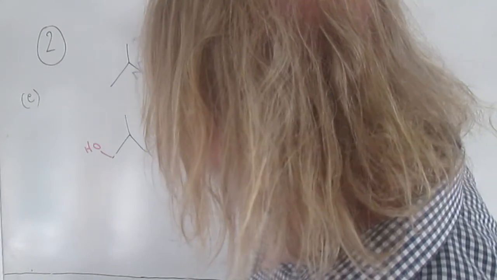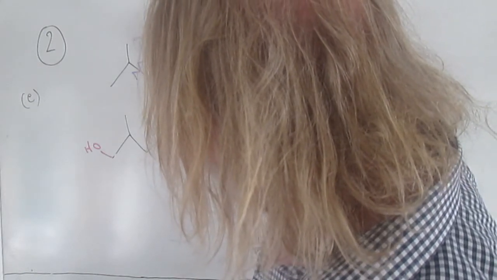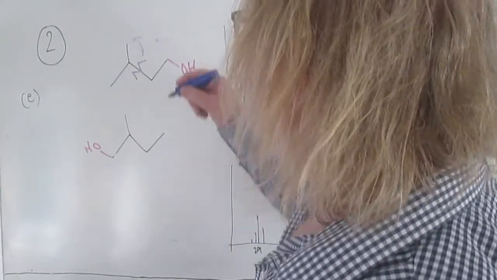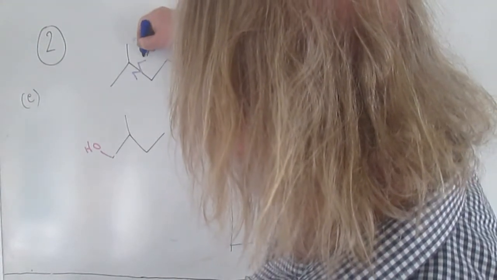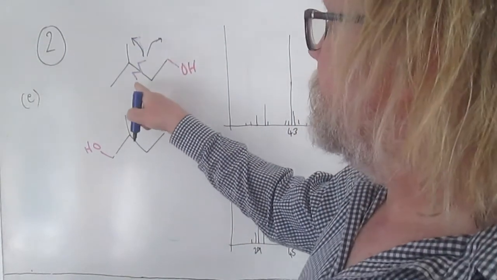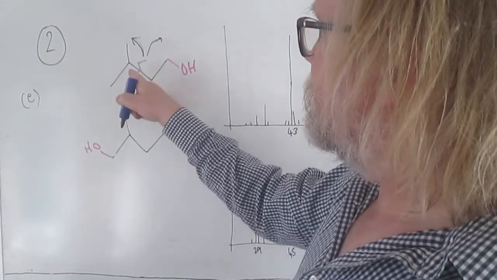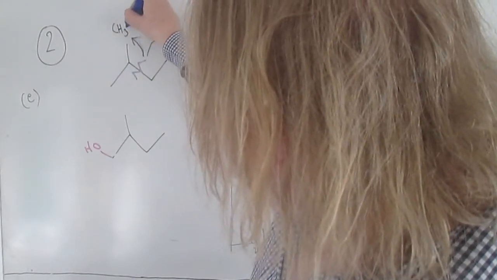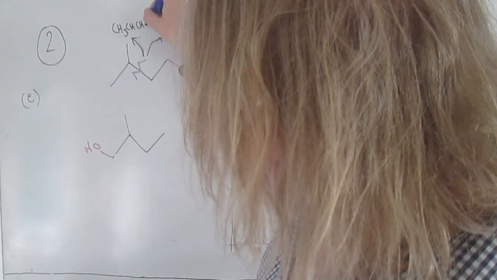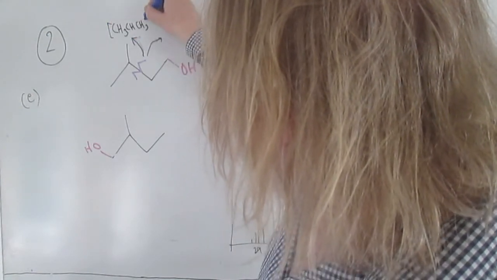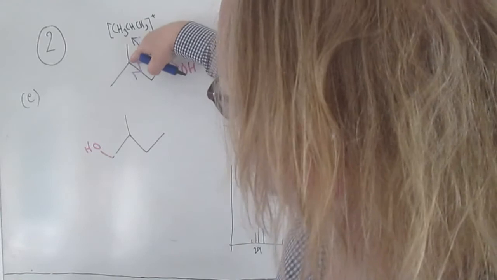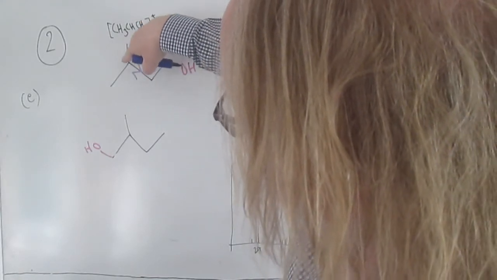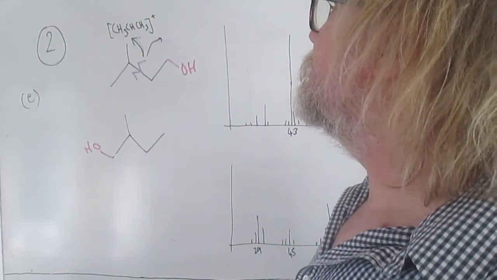So if it were to break there, these are the two possible fragments that you could get. If it breaks there, the positive ion is either going to be this side, which is going to be CH3CHCH3 plus. Remember it's CH there, not CH2, because there's just the CH and then this bond, which is the one that's gone. So CH CH3 plus.